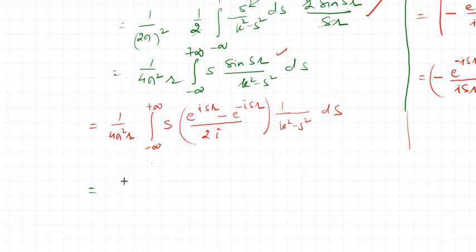So this is equal to, and 1 over iota is here, and if I take it outside along with this 2, then 1 over iota can be written as minus iota.